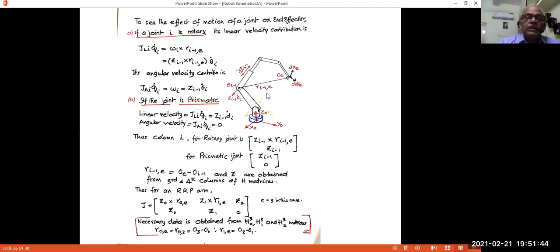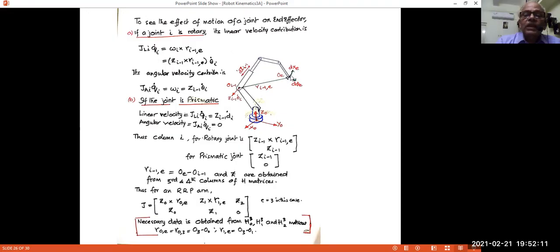Well, suppose theta i dot is the velocity. Suppose this is a rotary joint, and the angular velocity at this point is theta i dot. Then the linear component J_Li times q_i dot will be omega cross r, vectorially.